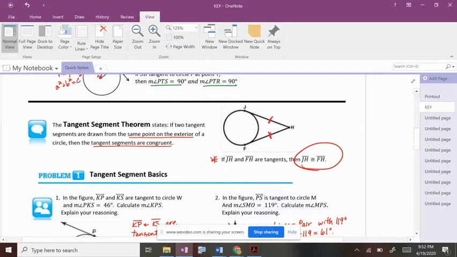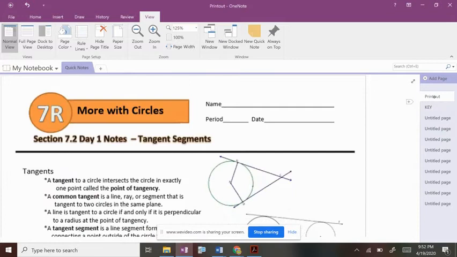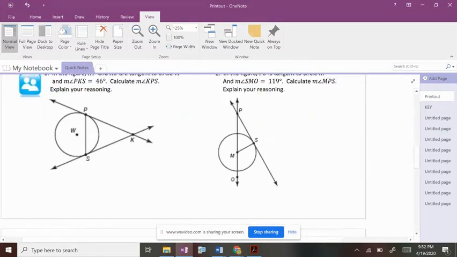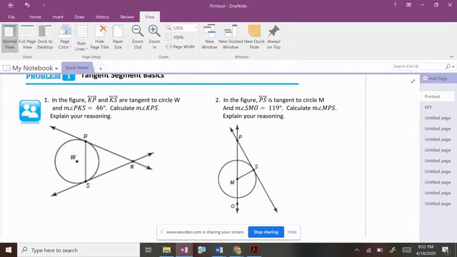I'm not going to go through all of them, but I want to go through some of them with you. Looking at question 1, it says in the figure, lines KP and KS are tangent to circle W and angle PKS equals 46 degrees. I'm going to mark this. Calculate the measure of angle KPS.